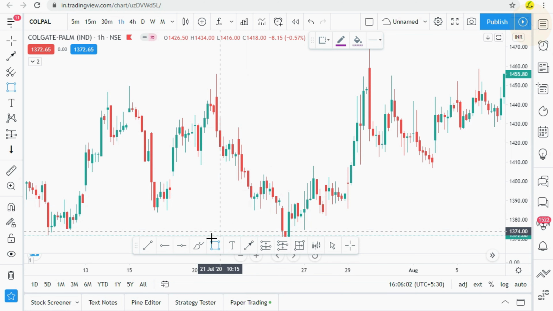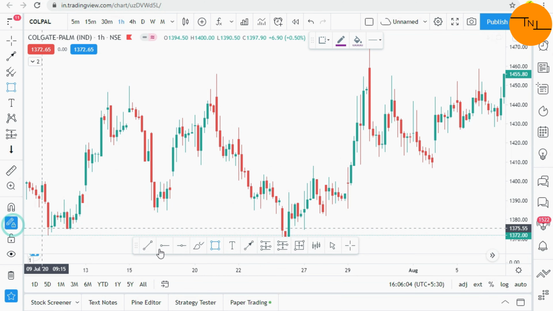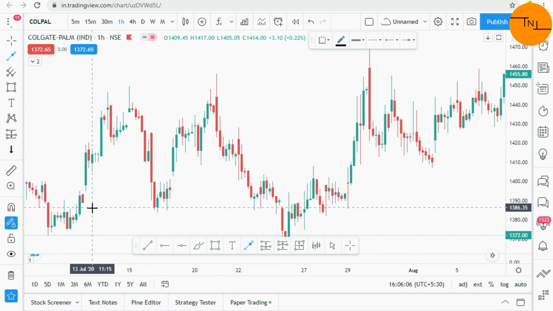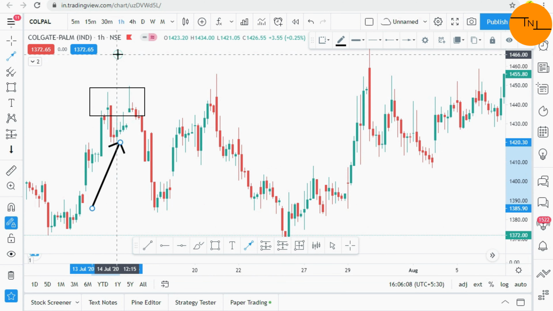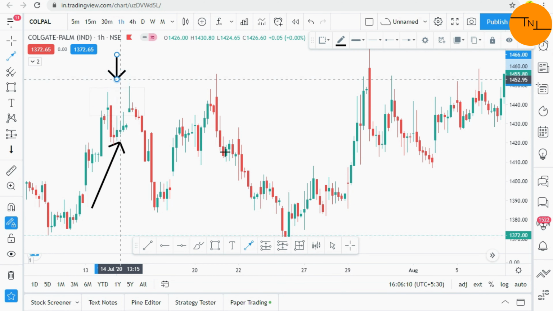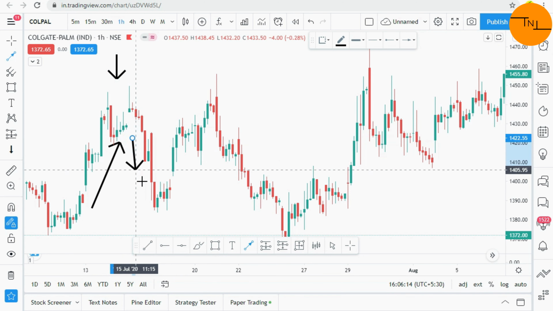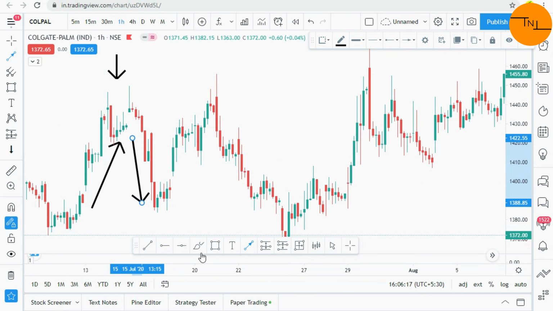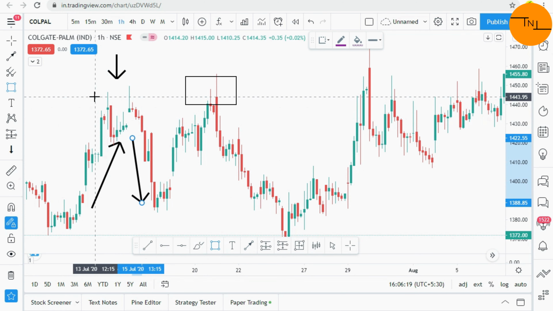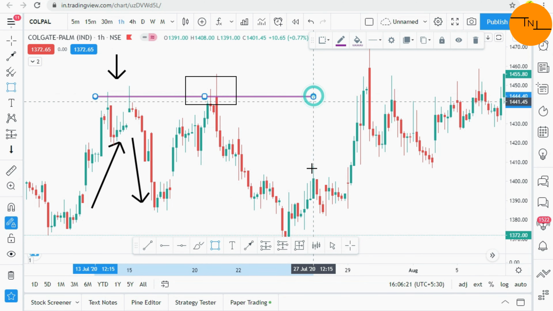Here we saw price come to this level, hit and reverse drastically, giving us a good level of resistance. So we draw that resistance line. Then price came back up to this level. We don't know what might happen. We are looking for price action to form.